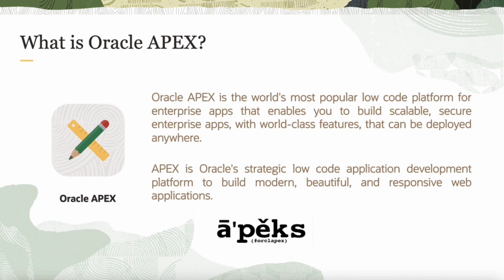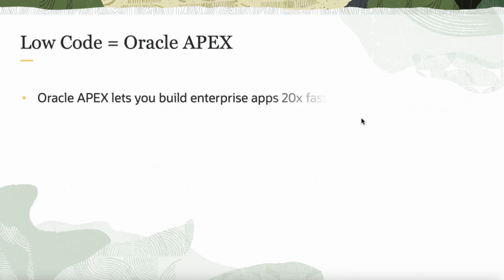Apex is Oracle's strategic low-code application development platform to build modern, beautiful, and responsive web applications for Oracle database. Oracle Apex lets you build enterprise applications 20 times faster with 100 times less code.